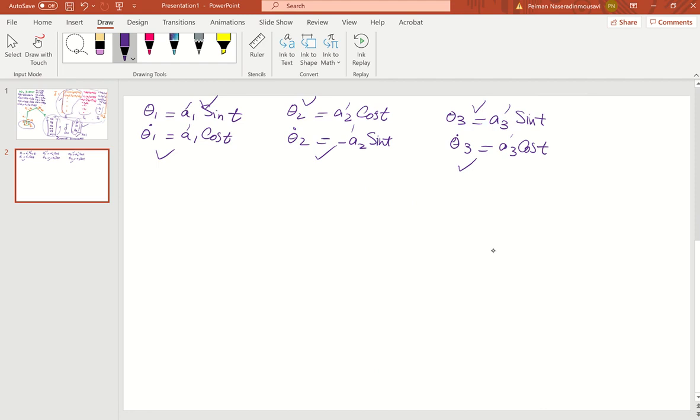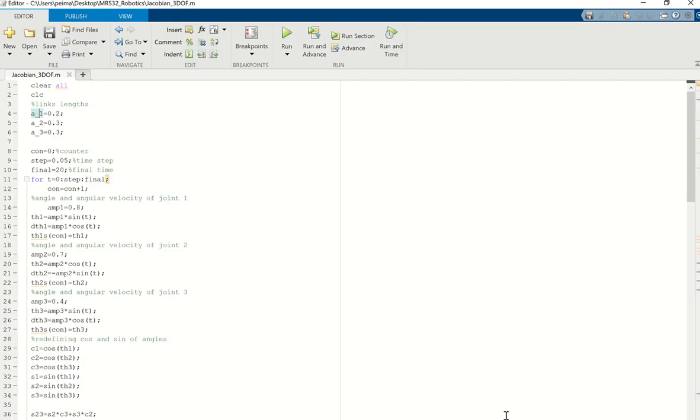So here I'm defining from the code the links. I'm saying the first link is 0.2 meter. Obviously these are in meters. I'm commenting, in meters. Then 0.3 and 0.3.